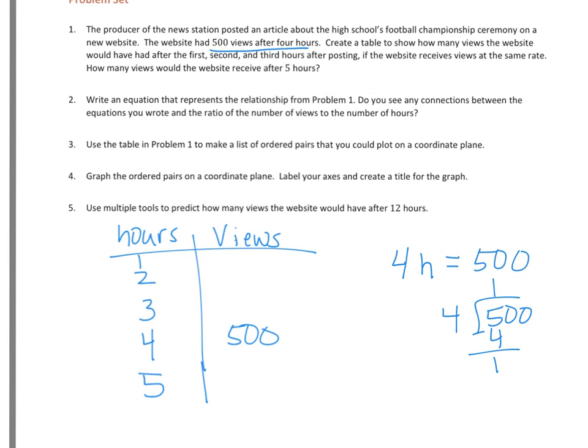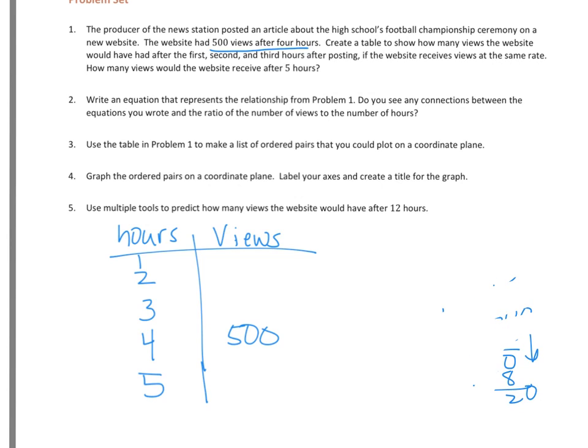This will get me how many views there were at 1 hour, and that's going to help me out with the rest of these. So I got 125. And just for the sake of space, I'm going to erase my work here because I want to try to fit this all onto one page. But that's how I would figure it out for 1.